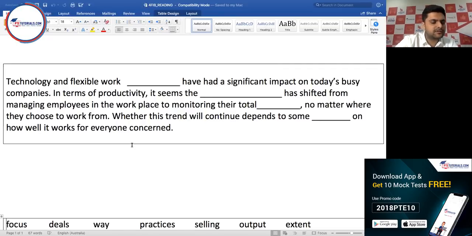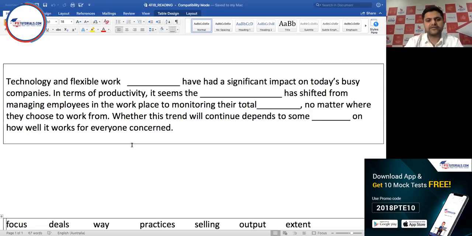It should sound logical and create a meaning for the phrase flexible work dash. So we are looking for a word that collocates with work, and it should agree with the grammar of the verb phrase.